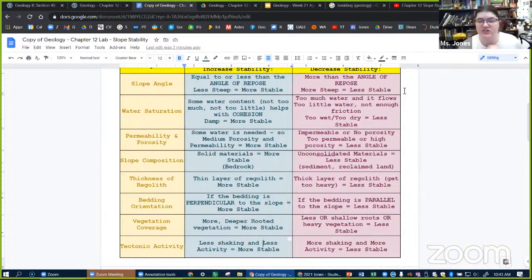So slope composition, if it's made of just like sand or debris, if the entire thing is made of soil or regolith, it's going to be less stable. If the regolith itself on top is too thick, it can hold on to too much water and it can fail, making it less stable. If the bedding is parallel to the slope itself, that whole chunk can slide off.